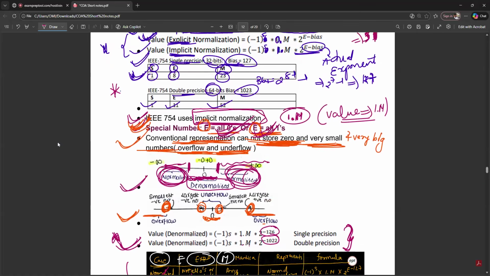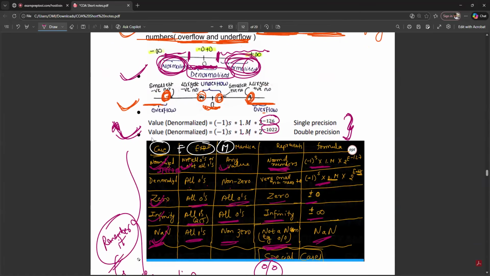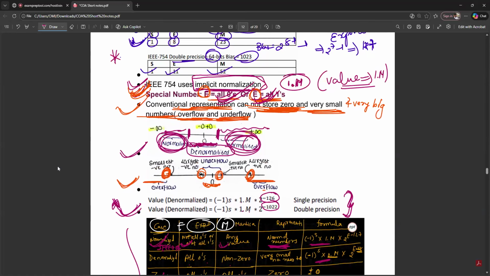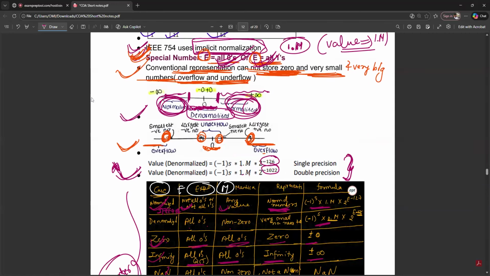I'm looking into this formula of denormalized numbers. Right, so this formula is correct: 0.m times 2 to the power e minus 126.